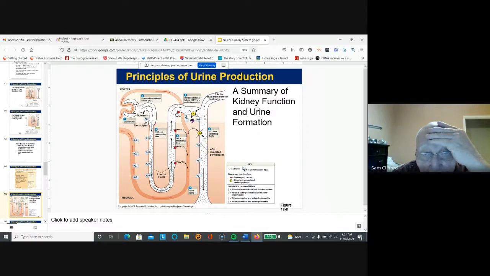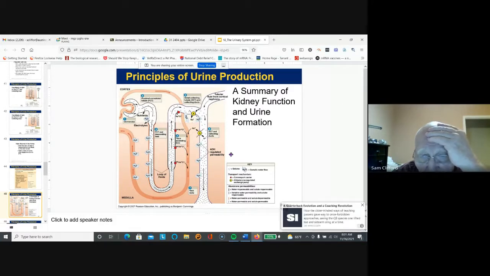The distal convoluted tubule is also going to continue to absorb sodium and chloride back into the interstitial space. There's also an aldosterone regulated pump, which pumps sodium back and eliminates potassium.